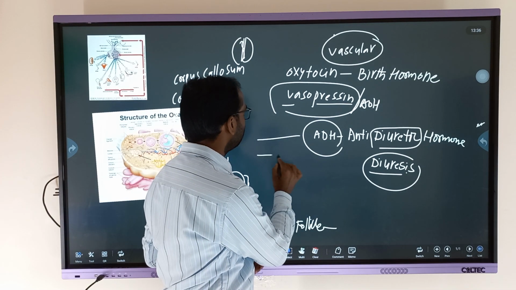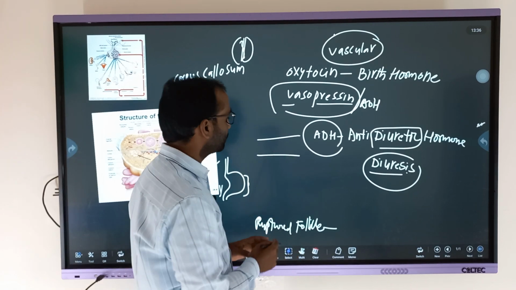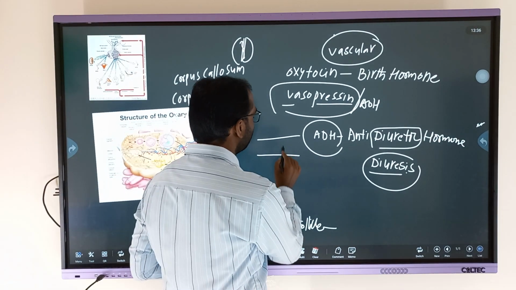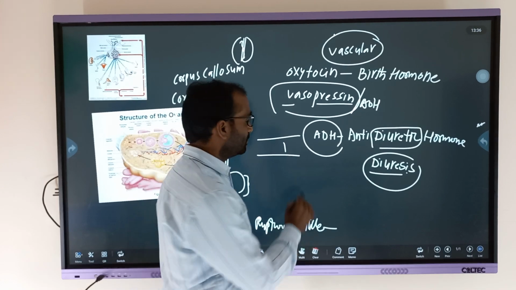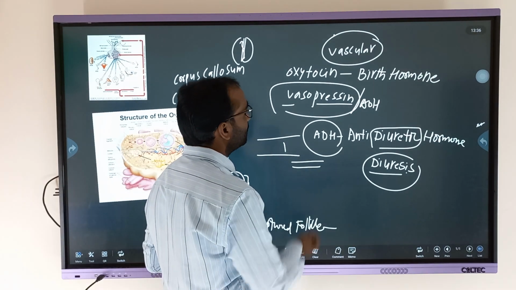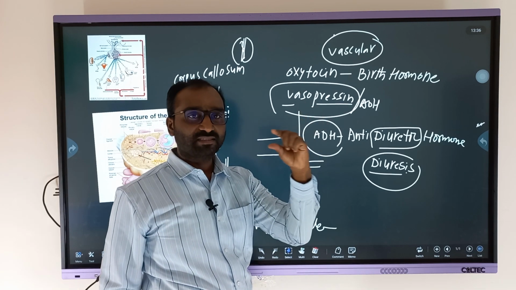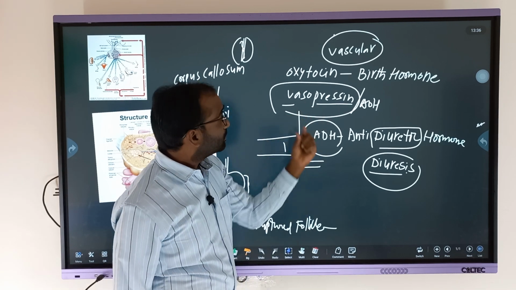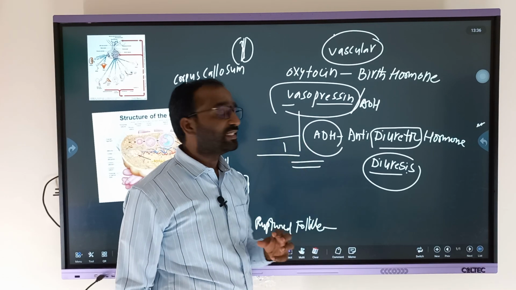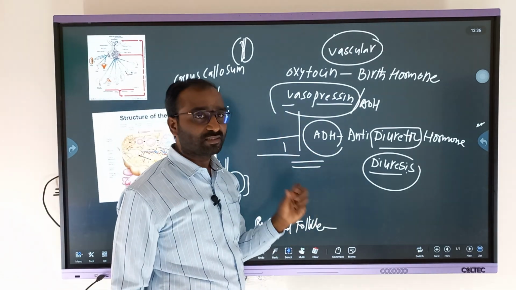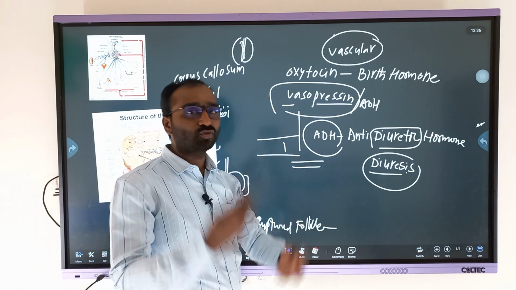Suppose this is the diameter of the blood vessel, which is dilated. At that time the blood flow will be less, so it has to be constricted by vasopressin. The diameter of the vessel is going to decrease. Hence it is called vasopressin. Keep in mind one hormone which has two names based on two functions.